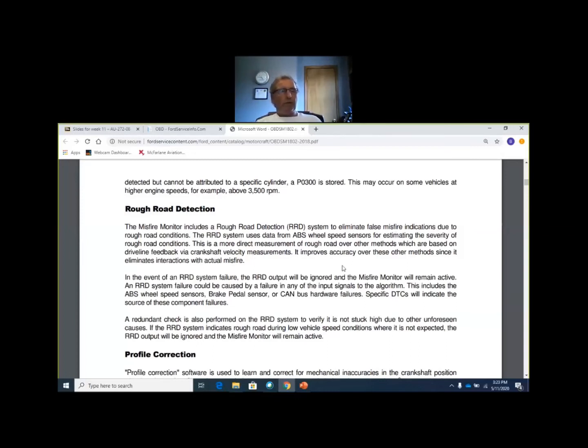Because we're looking for a nice steady rotation on that crankshaft position sensor, apparently driving over a really rough road could give you a false failure on the misfire monitor. So they actually incorporate rough road detection into this monitor, right? And it uses data from ABS wheel speed sensors for estimating the severity of the rough road conditions.